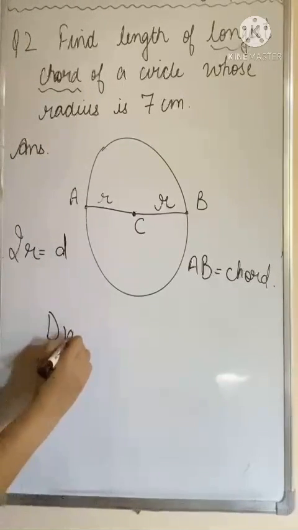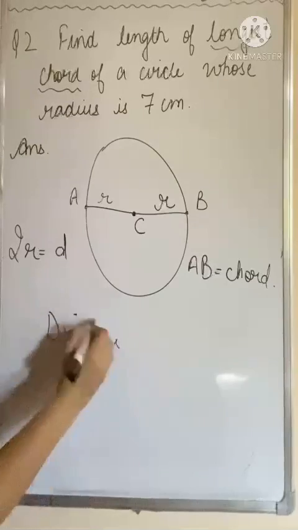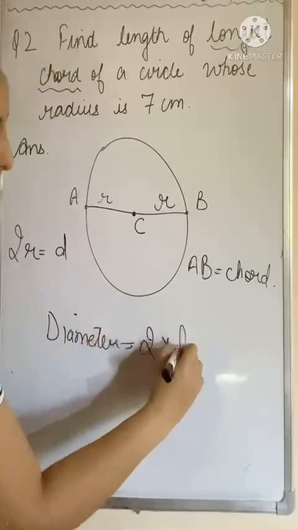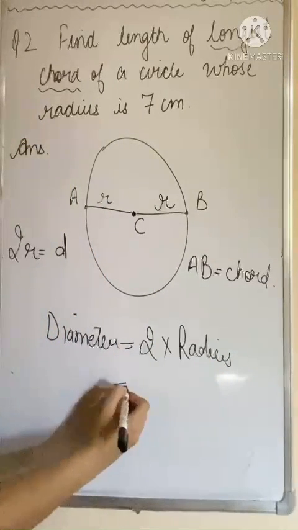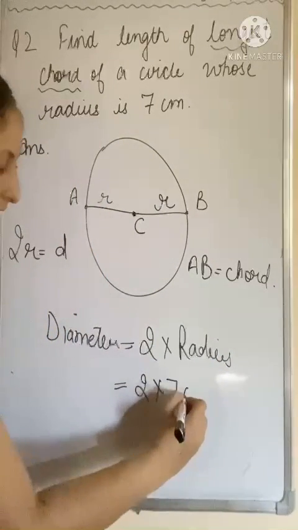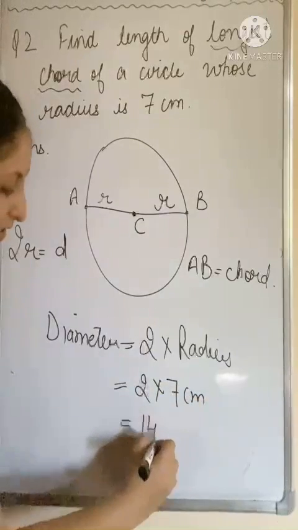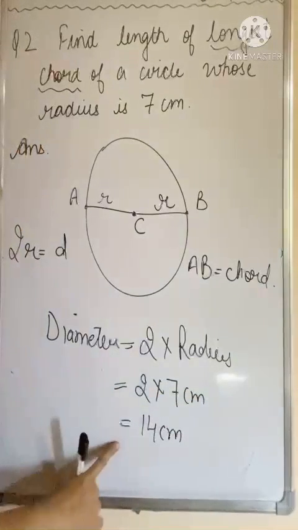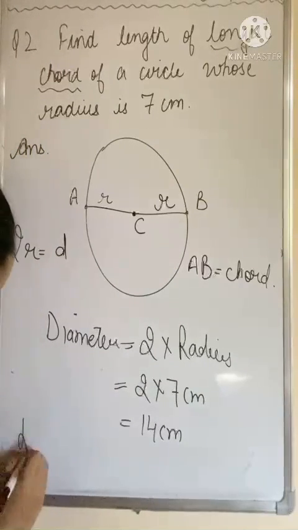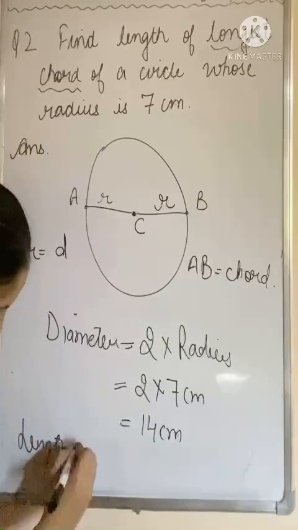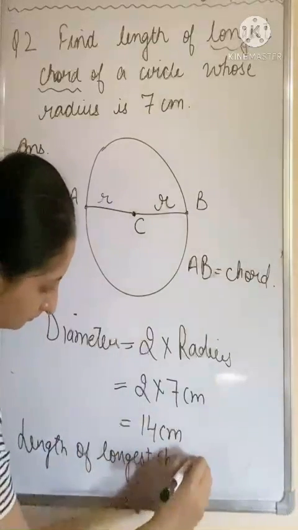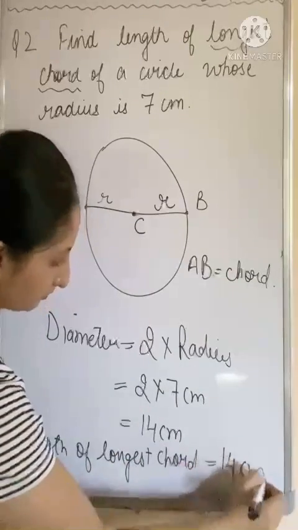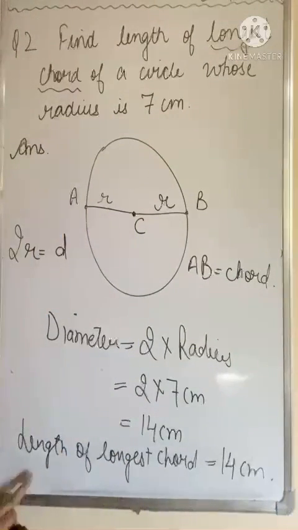Diameter is equal to 2 multiplied by radius. In our question, we are given the radius 7 cm. So the diameter will be 2 multiplied by 7 cm, which is 14 cm. So the length of the longest chord is equal to 14 cm, because the longest chord of a circle is always its diameter.